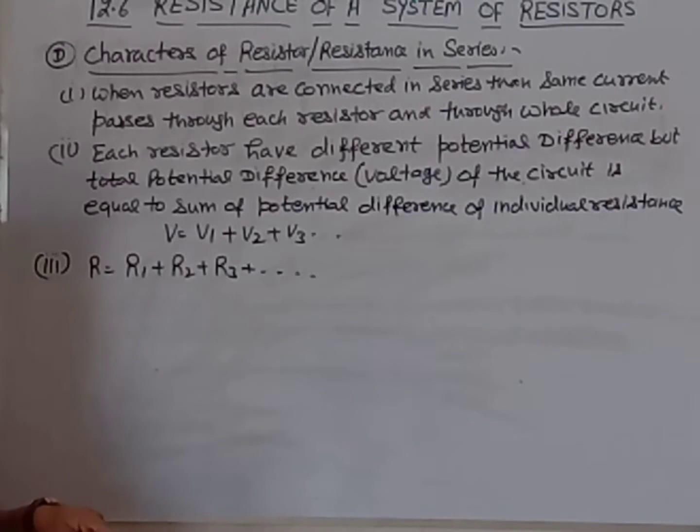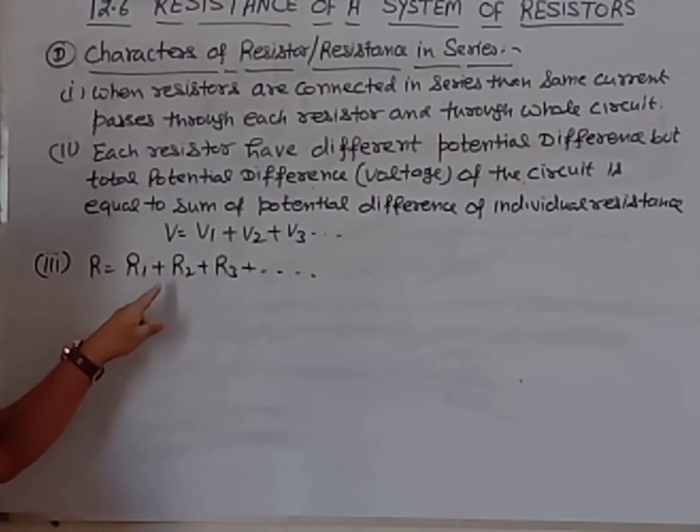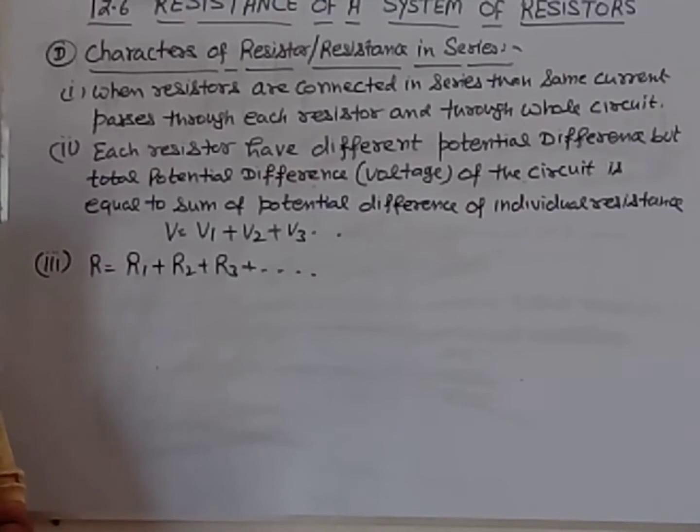But if it is asked in the question to write three characteristics, then you can write that the resistance of the whole circuit is equal to the sum of the individual resistances. So these are the three characteristics. Now we shall study how to derive the formula for it.